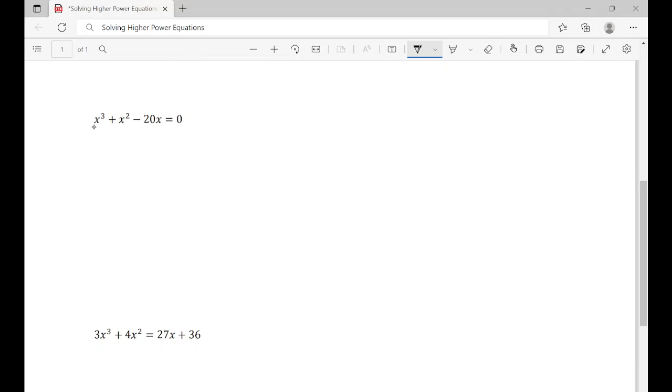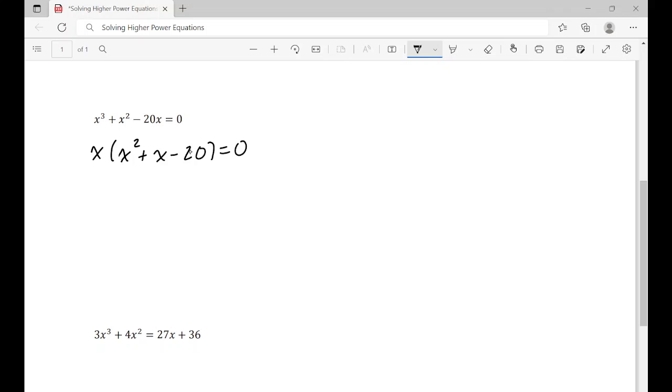Next, I have x cubed plus x squared minus 20x equals 0. So again, I look at this and I see a GCF, and I'm going to factor that out. And that GCF being x. So x times a quantity, x squared plus x minus 20 equals 0.